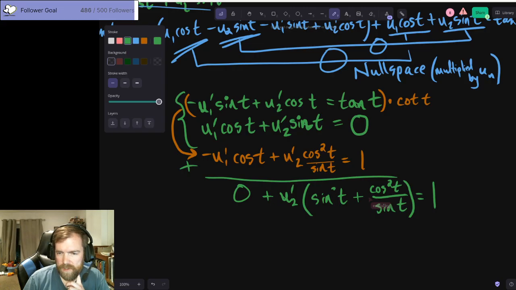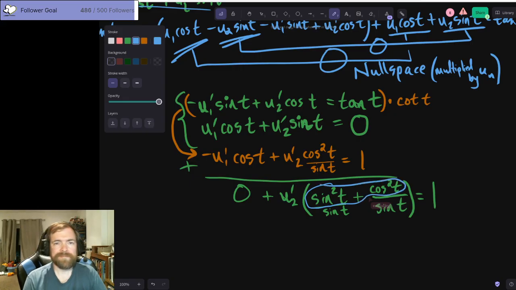And then this is going to be a sine squared over sine. And that's also going to be a nice little identity right here. Yeah. That u2 prime is sine of t. Right.